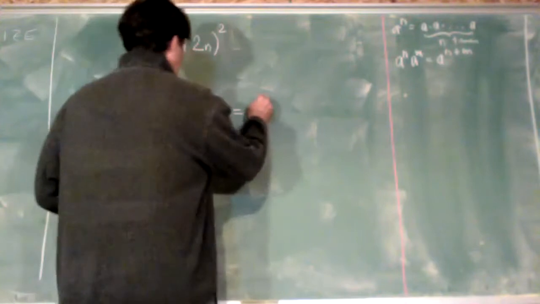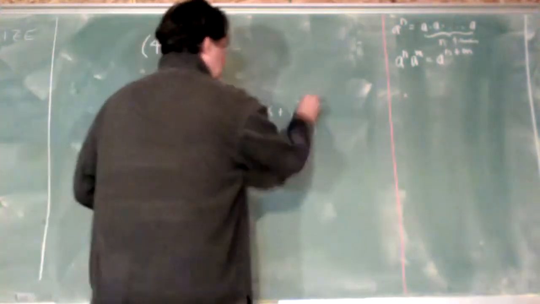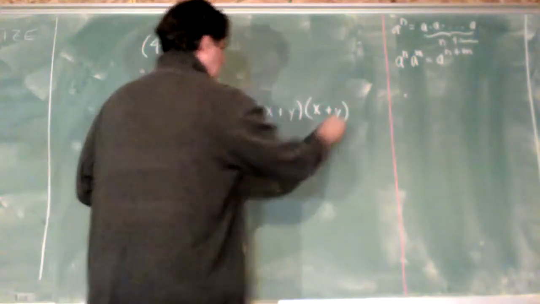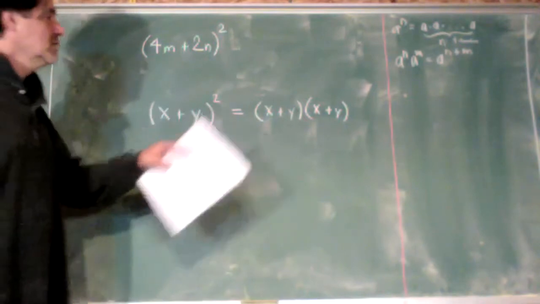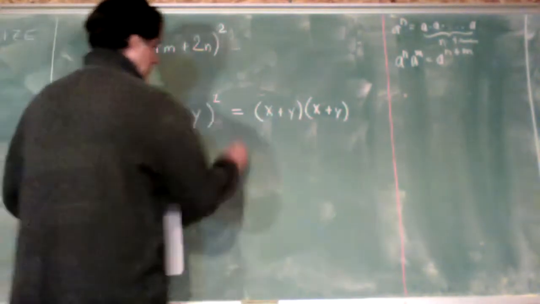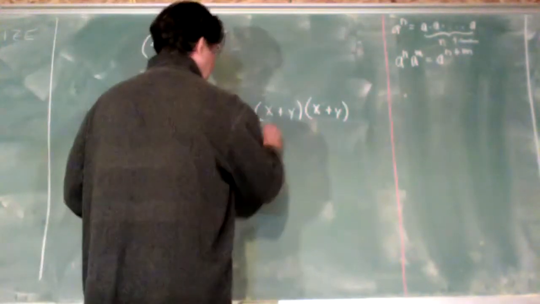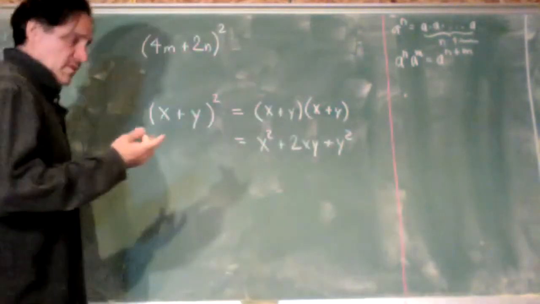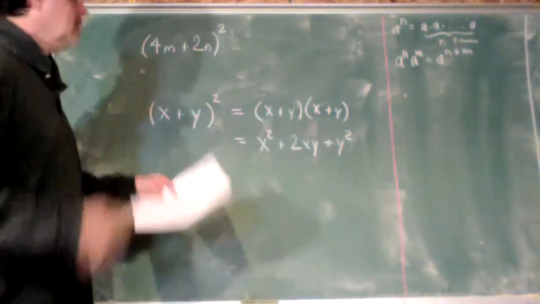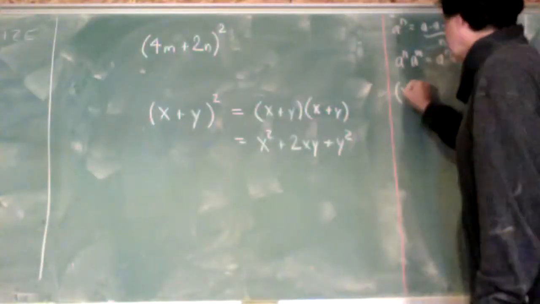Multiply it out. To do that, as we have a square, by definition, it is the quantity x plus y times itself. Foil it out. I'll let you foil it out. You should find x squared plus 2xy plus y squared. Again, that's the formula for a binomial squared that you should remember, recall, and apply.